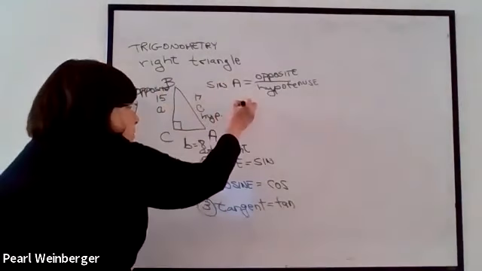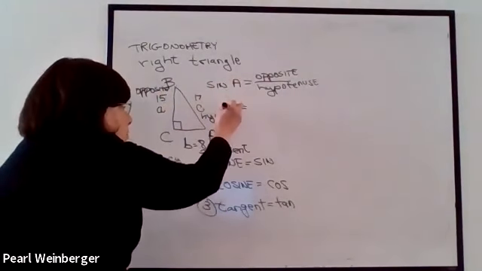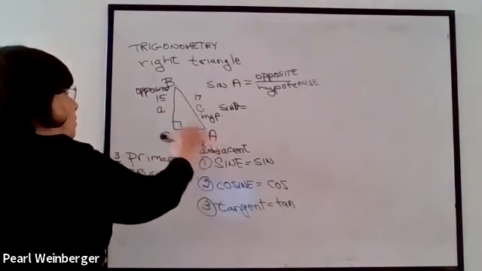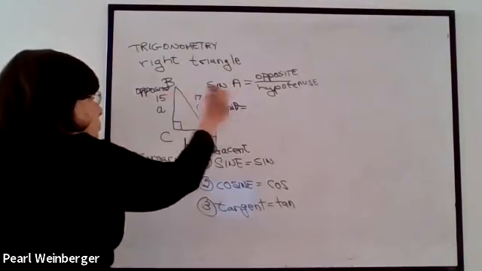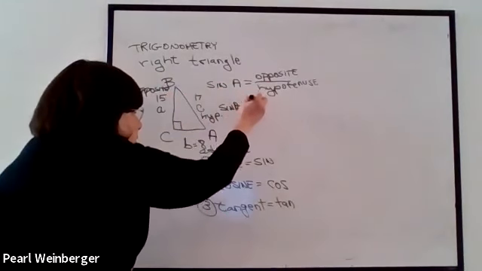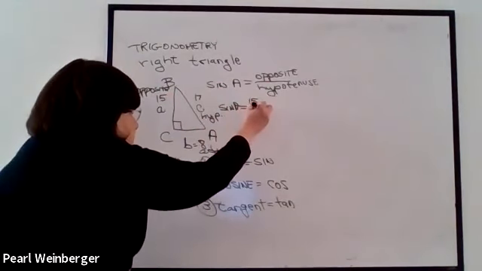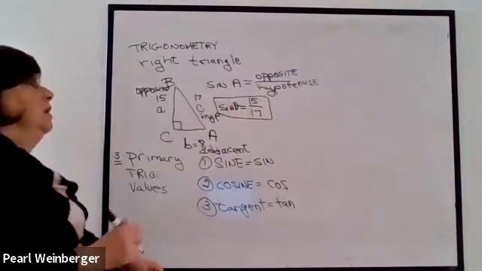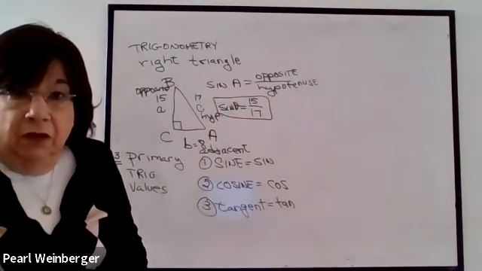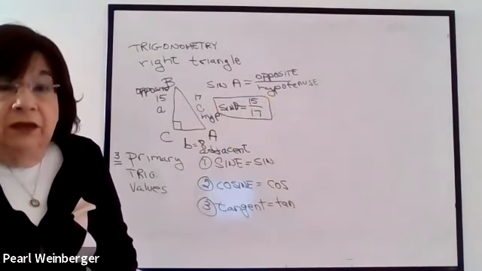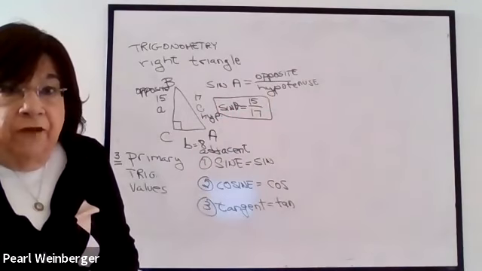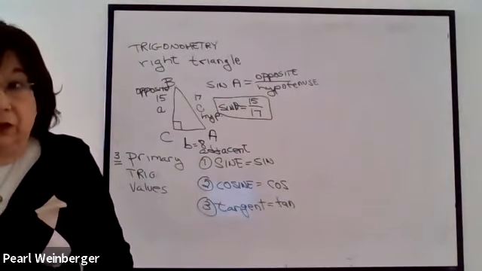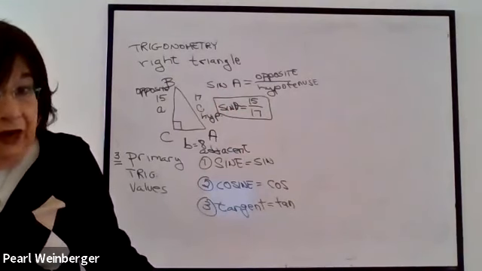So for our particular example, the sine of A would be the opposite, which is 15, over the hypotenuse, which is 17. And here is the value that is the sine of A. Now, sometimes we don't want it to be a fraction.